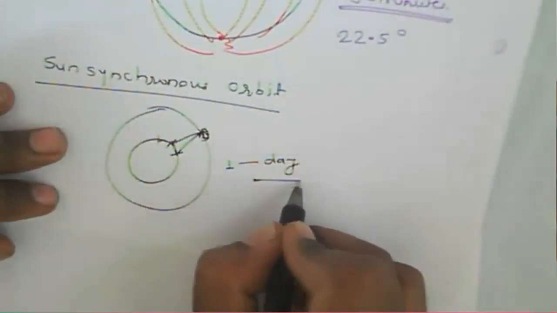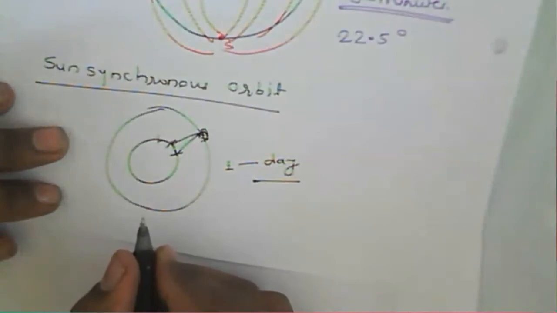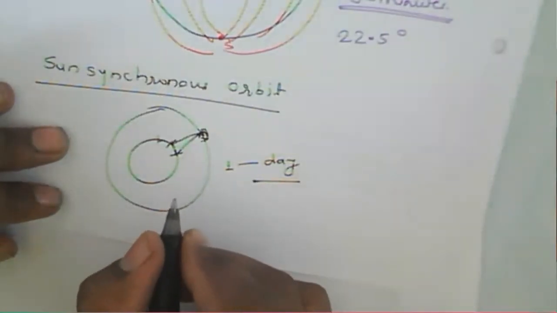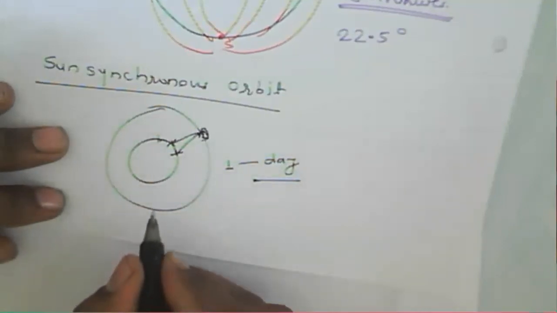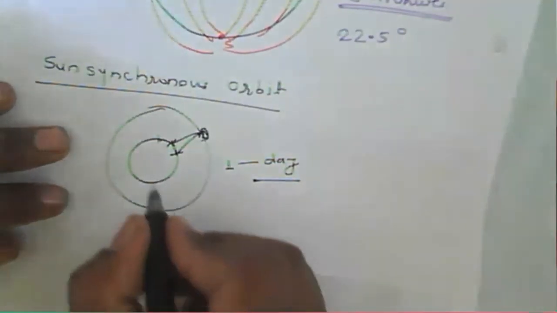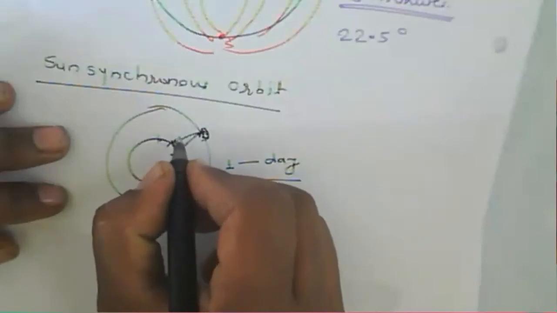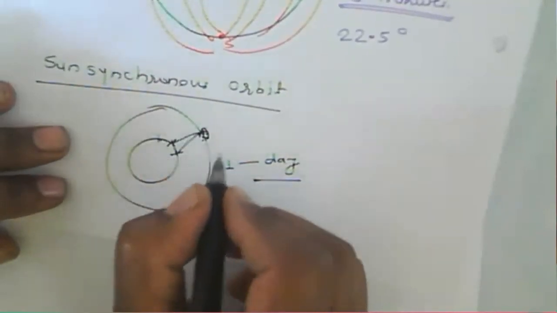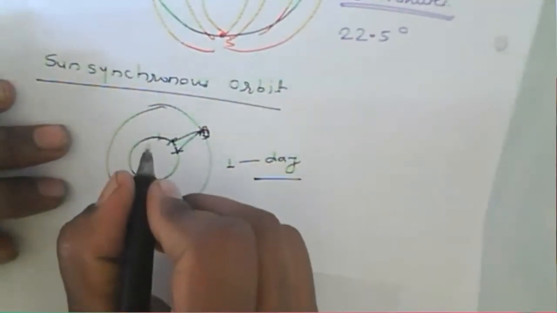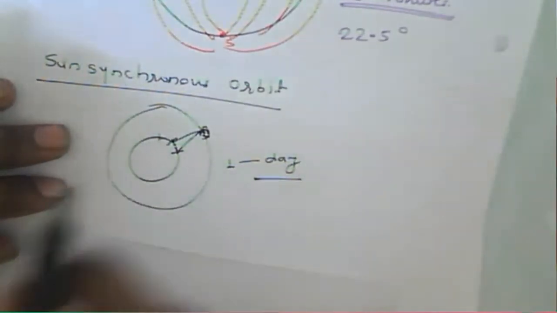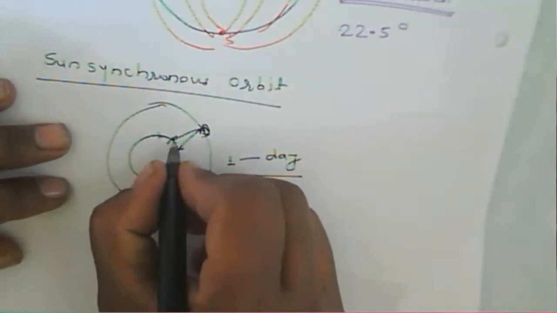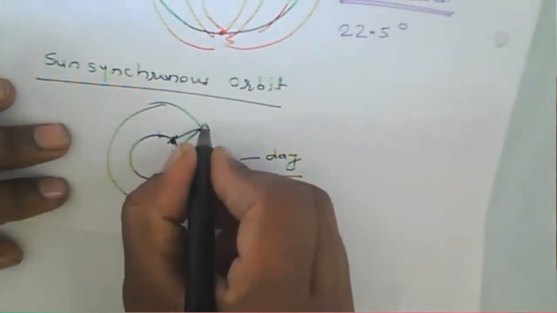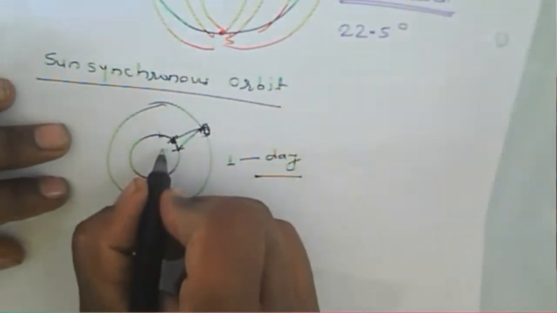If the orbit is arranged in such a way that the satellite will scan the Earth in one particular solar day, that means that particular point is scanned by the satellite in one particular solar day.